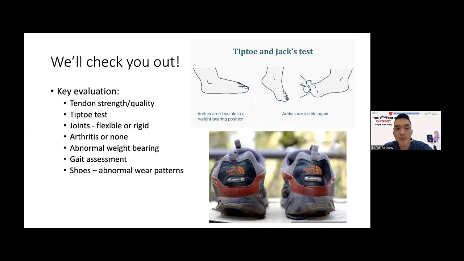It's an easy way to assess if your joints are flexible or rigid. After they become rigid, there's a chance that the joints become arthritic with excessive wear and pressure, and we also assess for this during the clinic visit. At the same time, we look for abnormal wear patterns of your shoe, because the wear pattern on the shoes is different between patients with abnormal foot shapes.